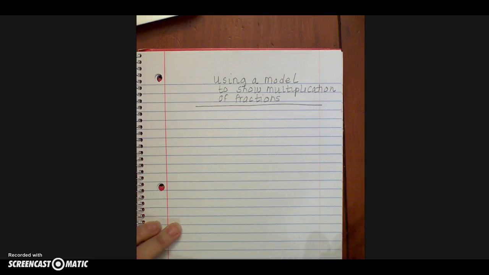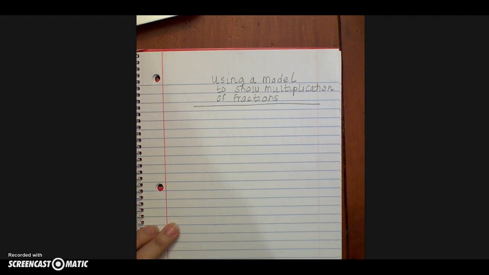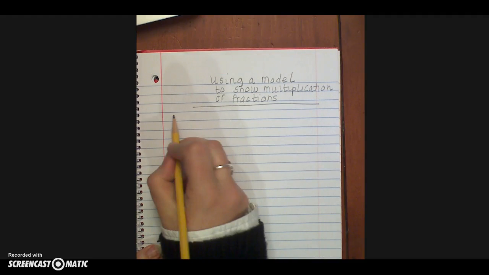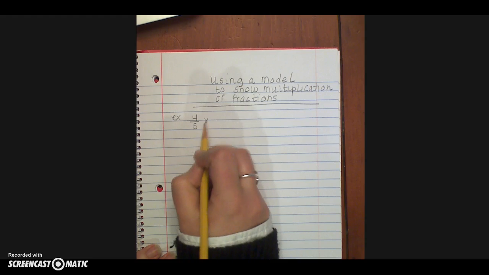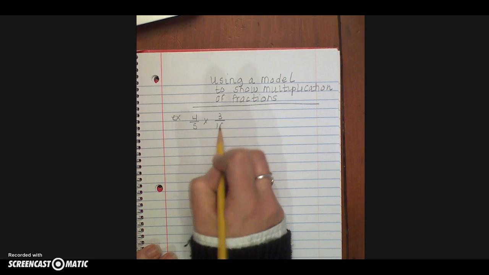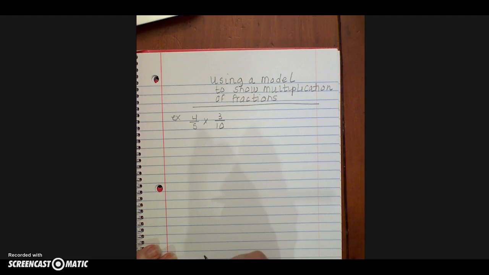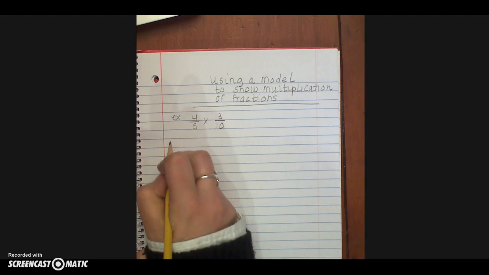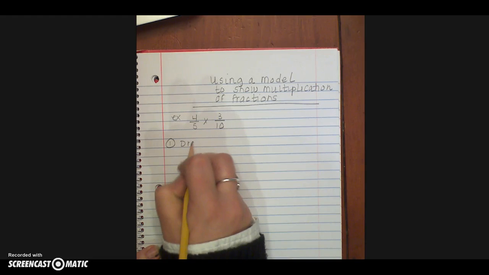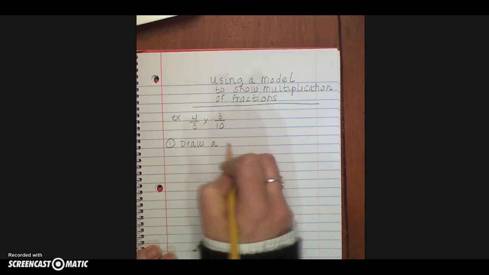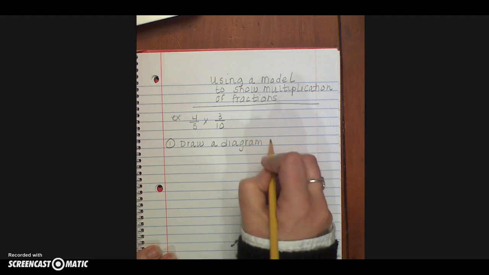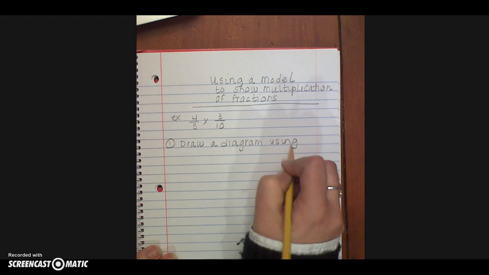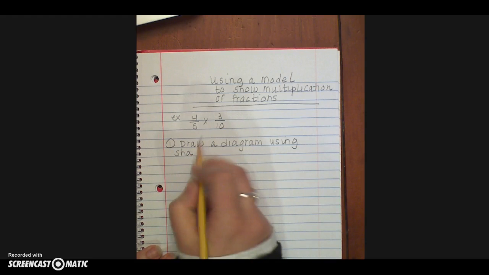So for the final part, we're going to show you how to use a model to show the multiplication of fractions. And I'm just doing this on notebook paper, as you can see. If my example is 4/5 times 3/10, and I'm asked to show a model, then what I need to do is first draw a diagram using shading to represent 4/5.